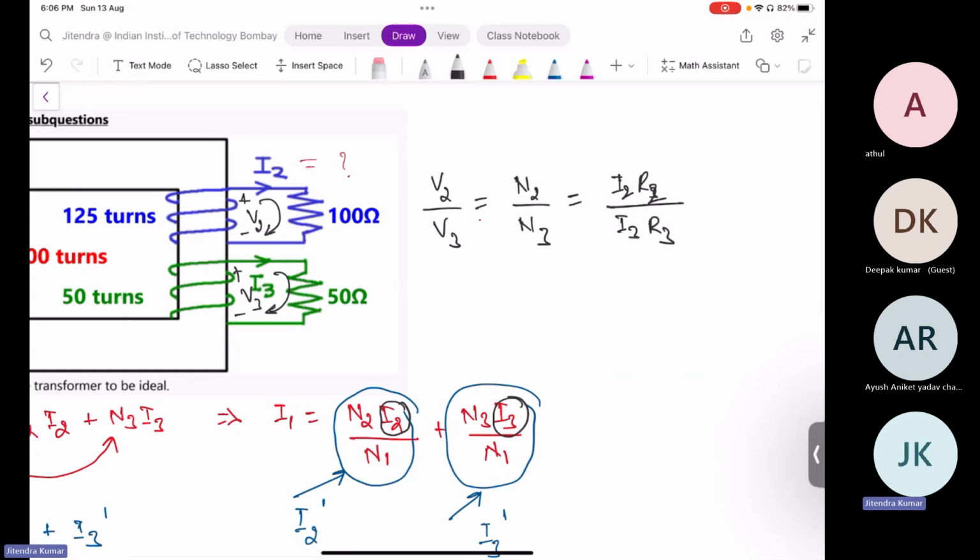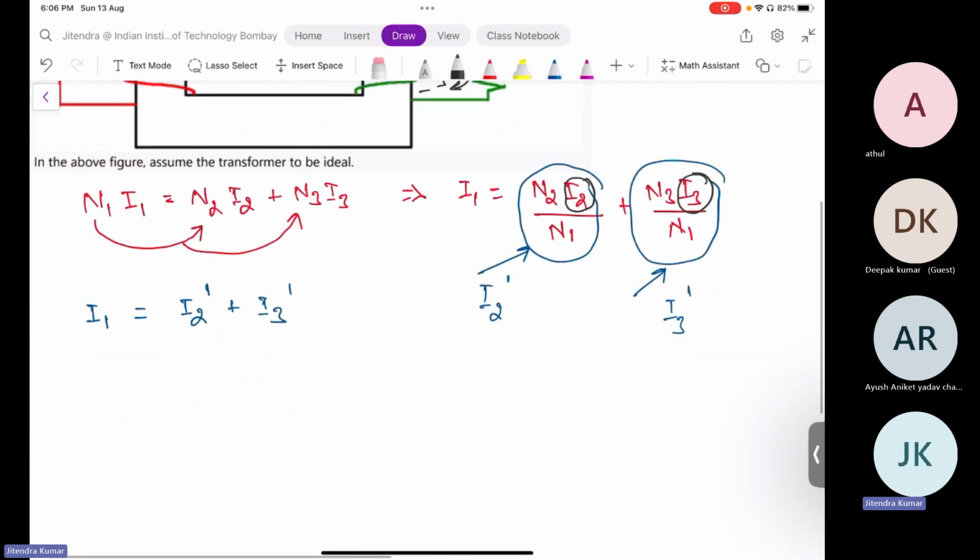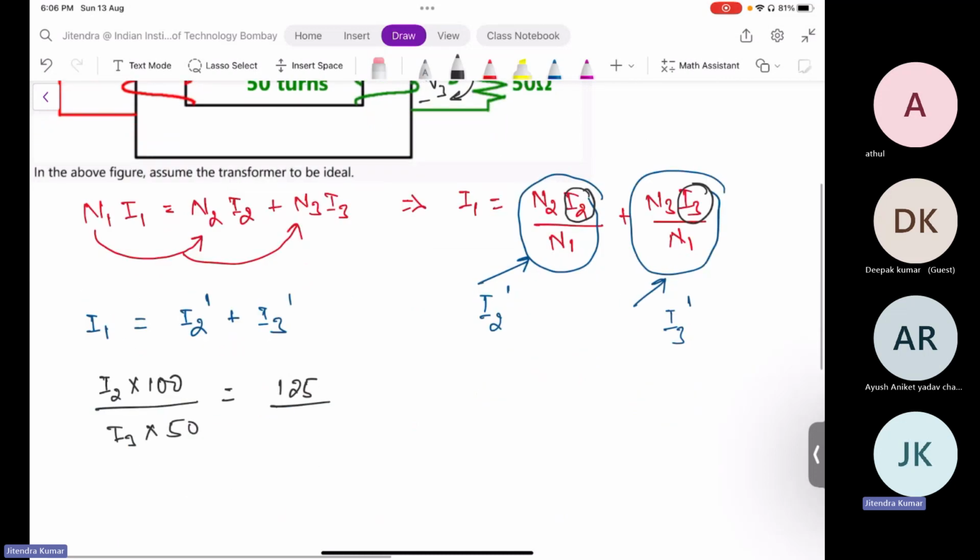Now if you further equalize it, I2 into 100 divided by I3 into 50 is equal to N2 by N3, where N2 is 125 and N3 is 50.